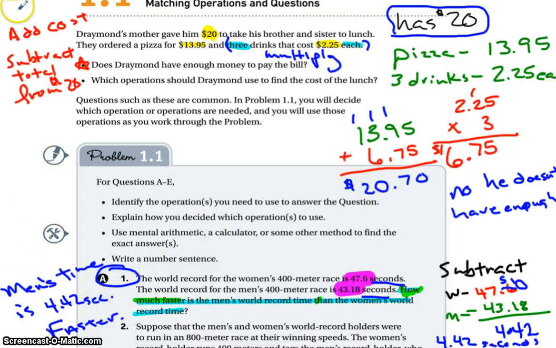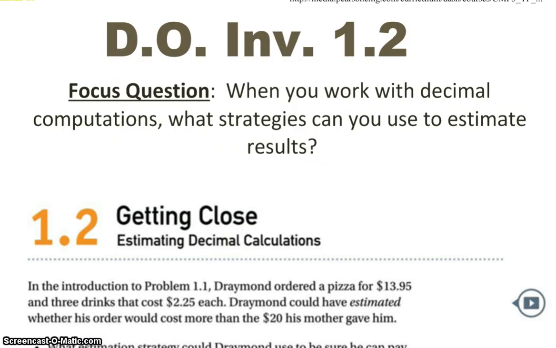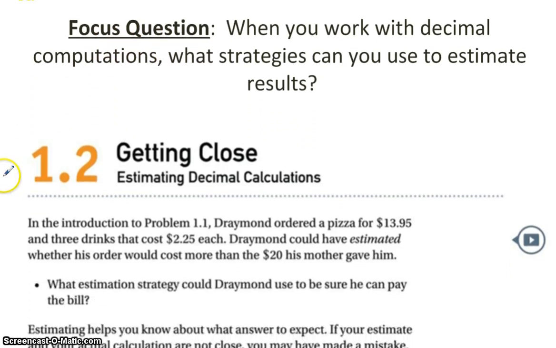All right, so now we're going to take a look briefly at how to use decimals to estimate or round. So right here, the introduction to problem 1, Draymond ordered a pizza. We're going to go back to our pizza problem with $13.95 and the 3 drinks that cost $2.25.